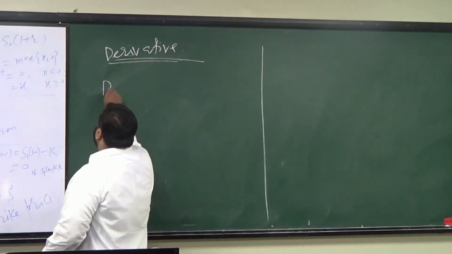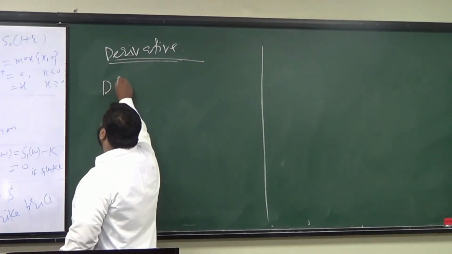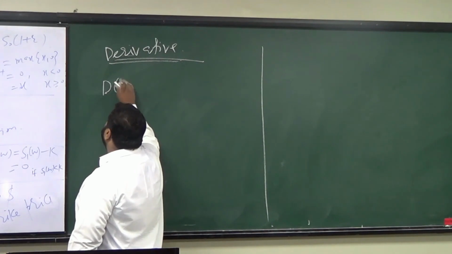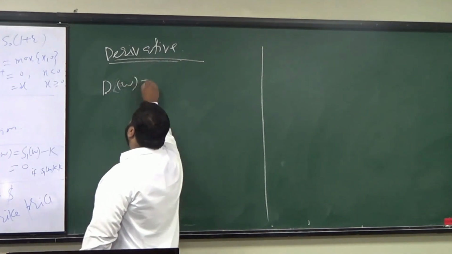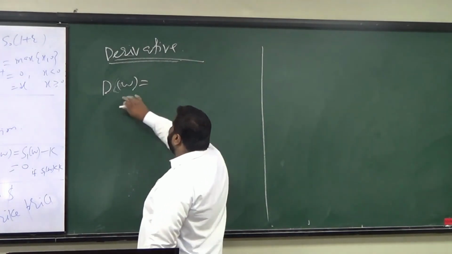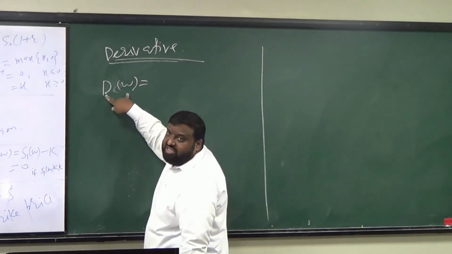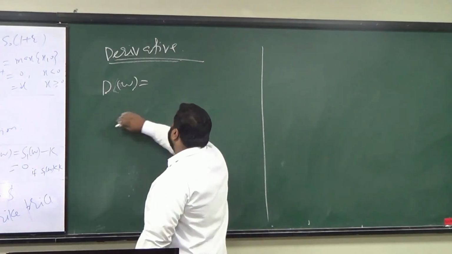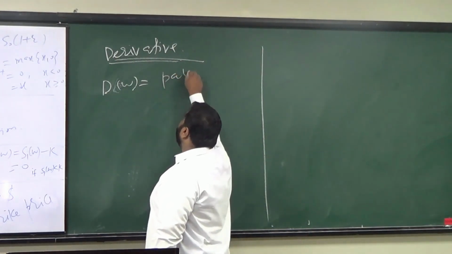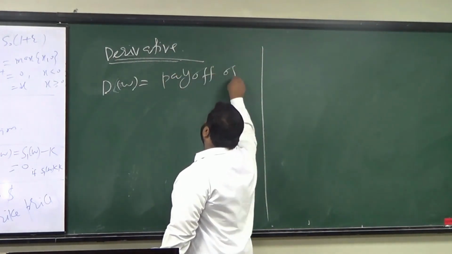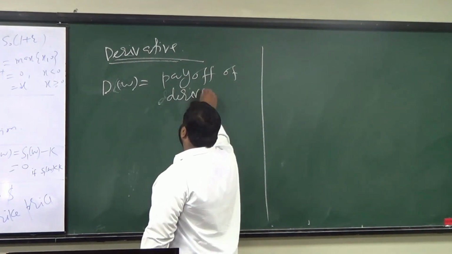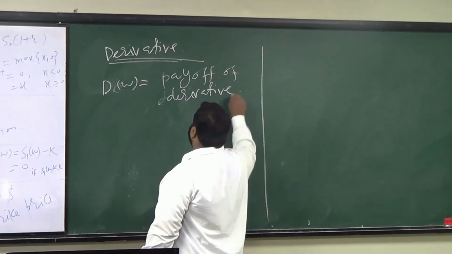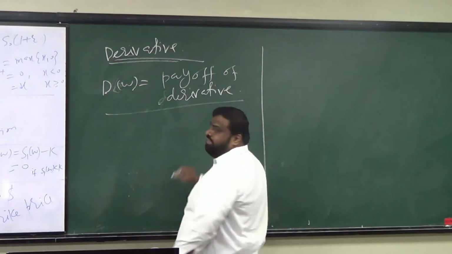Whenever I use the symbol D, D of omega is going to be a function in terms of a stock, and this represents the payoff of the derivative. So whether you're going to get something or not.